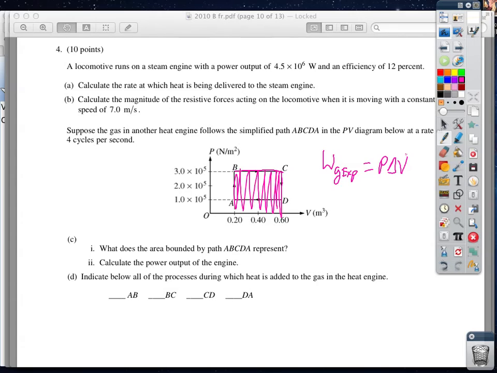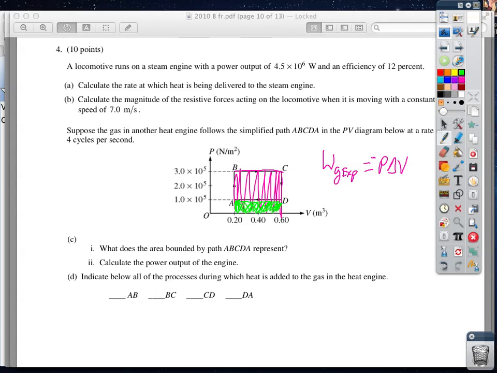Does that make sense to everyone? On your formula sheet, does it say work is negative P delta V? Yeah. Okay, that's why work is negative P delta V, because when the gas does work, it's negative. This, right here, can you see that? That area there is the work done by the system.